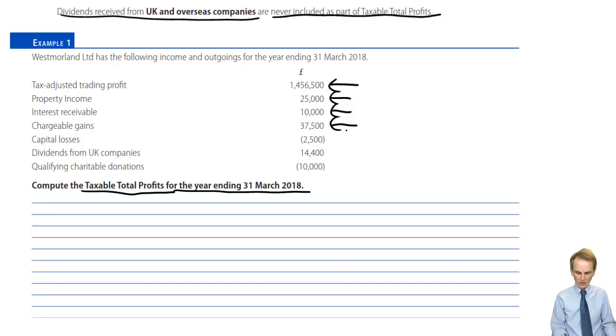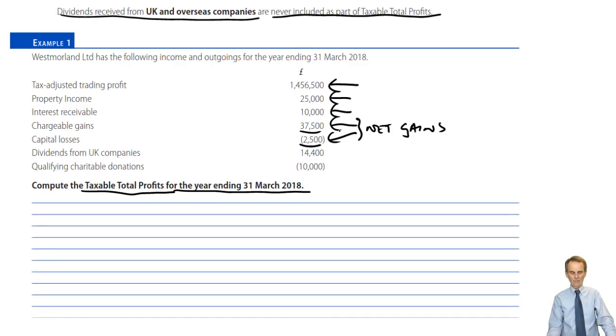Chargeable gains. We will include gains or capital losses. Oh, look, we've got them there. They will give us our net chargeable gains. So here we'd be deducting the 2.5 from the 37.5 and including therefore net gains of 35,000.